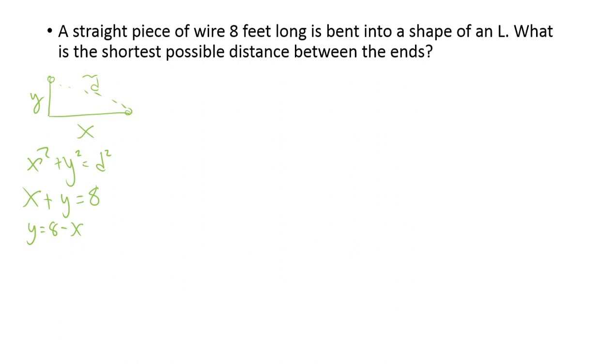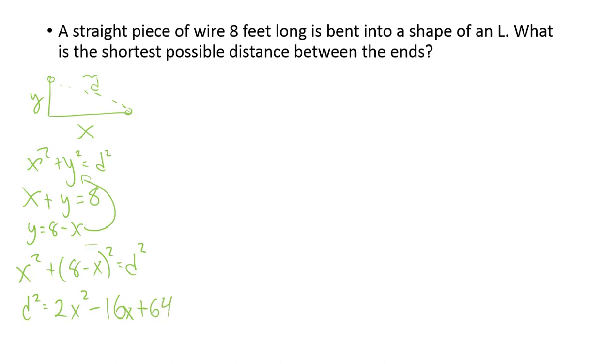And so now we're going to plug this in there, and we'll have x squared plus (8 minus x) squared equal to d squared. When we simplify it, we get d squared is equal to 2x squared minus 16x plus 64.